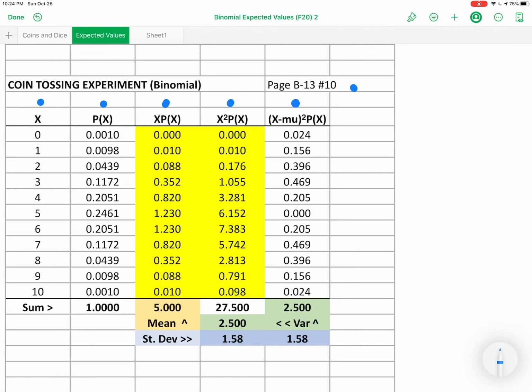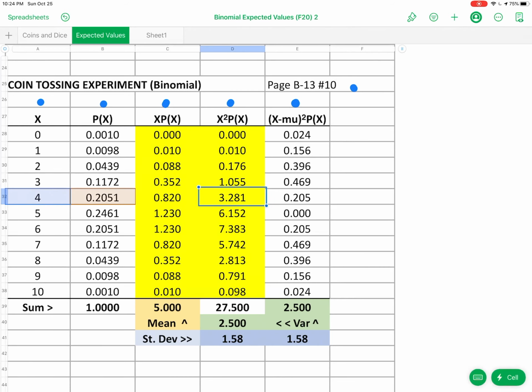If we took, let me grab a number down here in the middle somewhere, 4 and squared it times its p of x, then we would end up with this particular number here. We sum all those up, and that would be 25.5 minus the mean squared, so minus 25 gives you your variance.